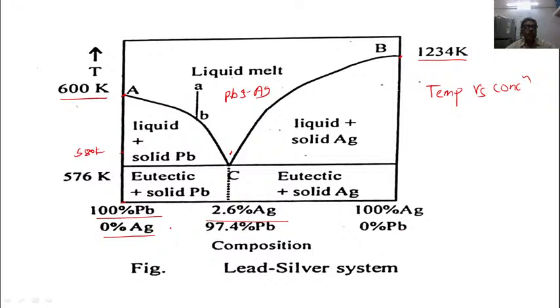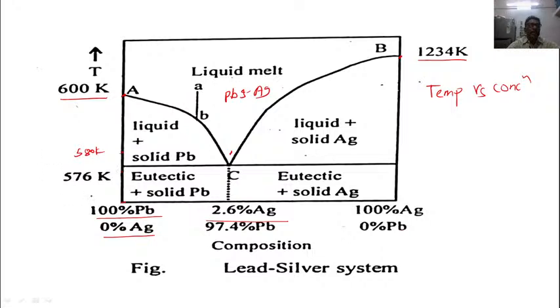It will be either less or greater, because in presence of the foreign substance the composition will be changed, and as the composition changes, the melting point of that substance also changes. So in this case also, in presence of lead or silver, the melting point changes here.